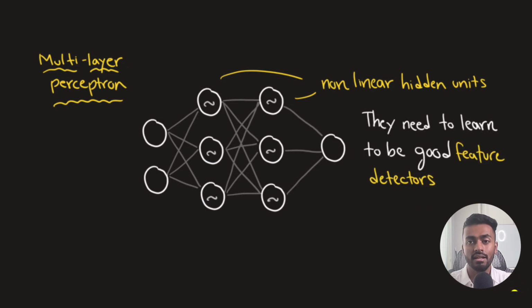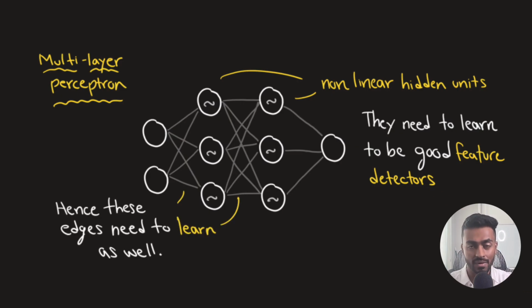These non-linear hidden units are supposed to be good feature detectors, and they have to learn to be good feature detectors. This means that the edge weights connecting the input to these hidden units should also be learned.